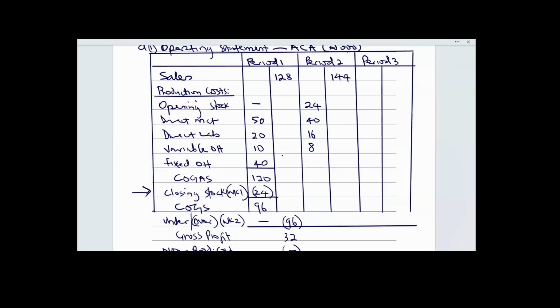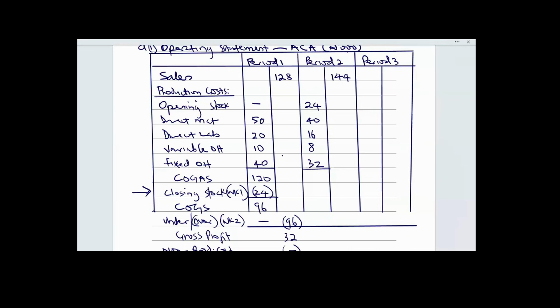Then the fixed overhead, we've already calculated this, which is 32,000, because the fixed overhead absorption rate is 4 naira multiplied by the units produced in the second period, which is 8,000 units multiplied by 4 naira. That will give us 32,000.